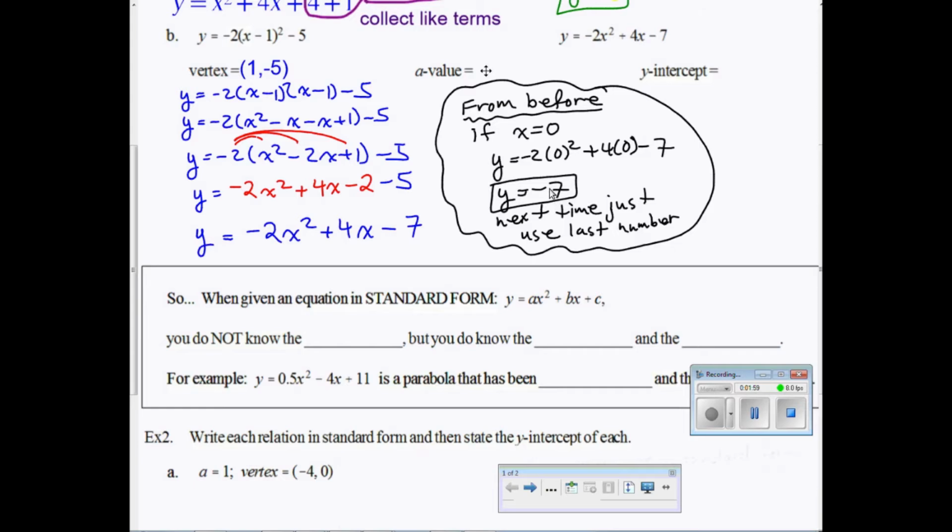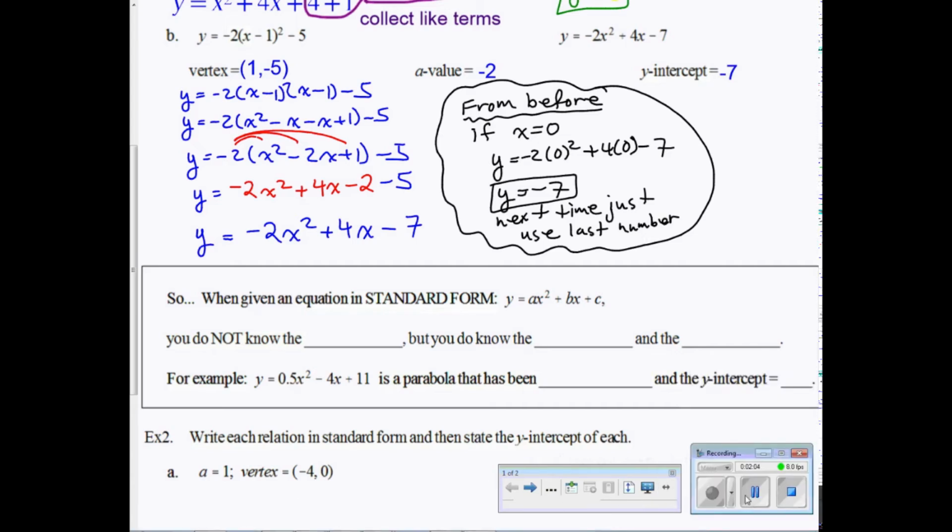Or we could have just read it off from our final equation, being -7. So we're going to write -7 here, and the a value is -2. All right?